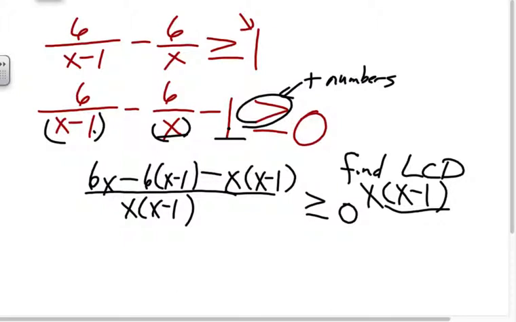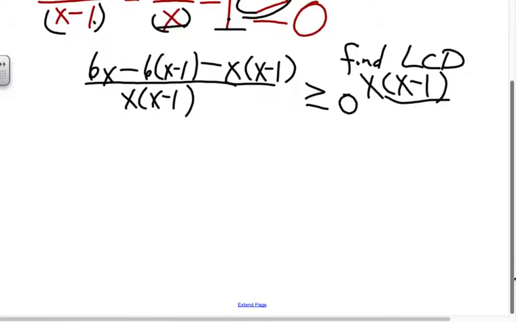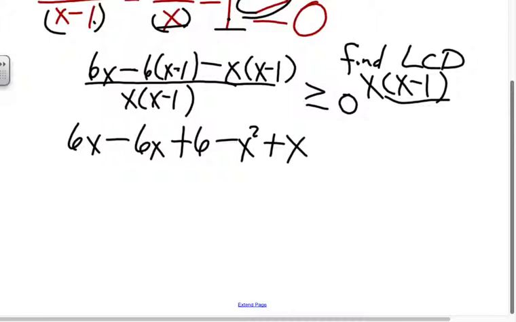Okay, so now we distribute and simplify. So I'm going to have 6x minus 6x plus 6, negative and negative is a plus, minus x squared plus x.